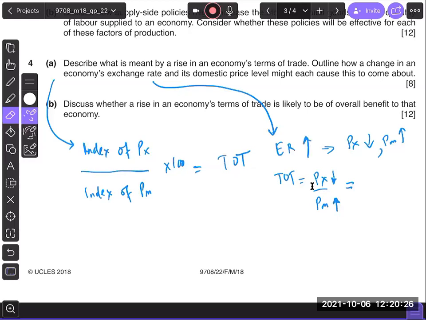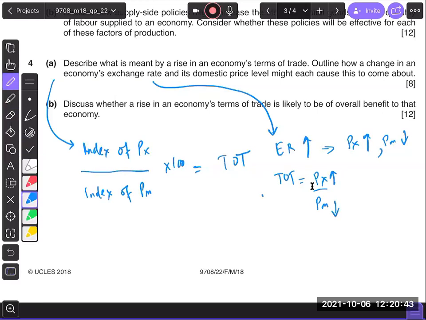Exports become expensive, imports become cheaper. Terms of trade will go up. So if you want the terms of trade to go up, you want the exchange rate to go up. You're right. Sorry, I didn't read this as a rise in exchange rate.